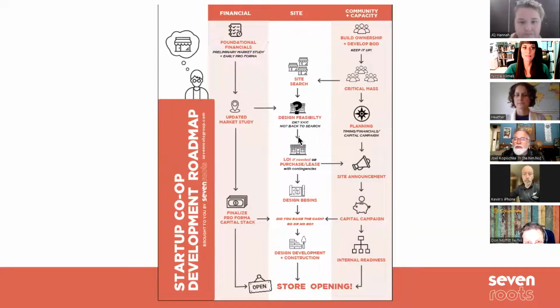This is a document that we can share with you all offline afterwards, because we're not going to dig into every piece of this. You can see there are three columns here: financial, site, and community and capacity. So there are at least three tracks going on in store development.